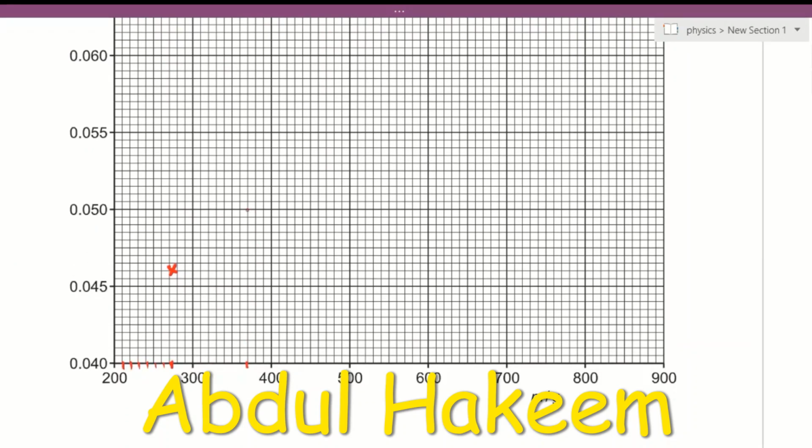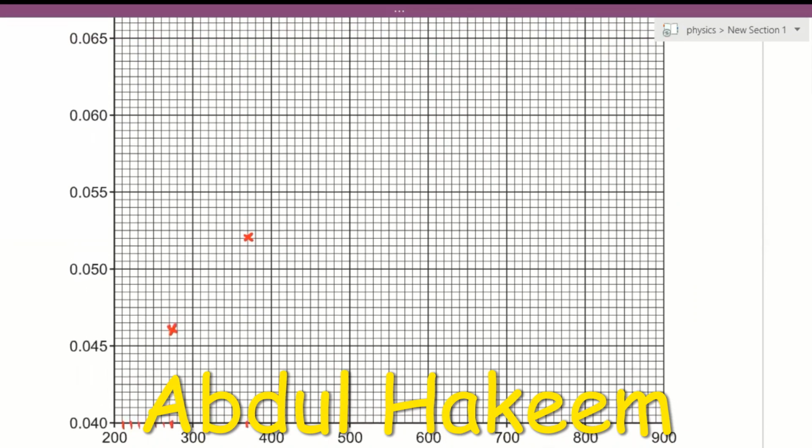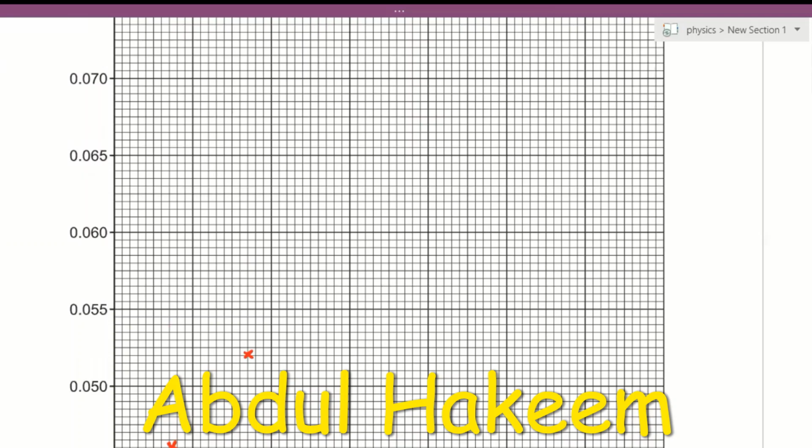So this is 0.051. This is approximately the point. And the next mass is 490. So this is 490, and y-axis 0.062. This is the point.